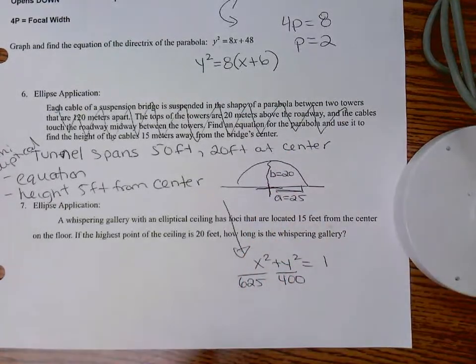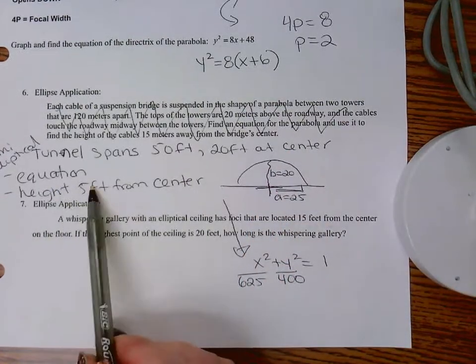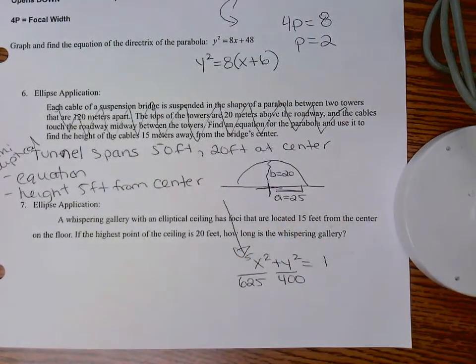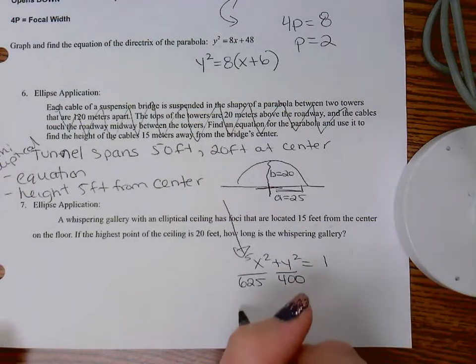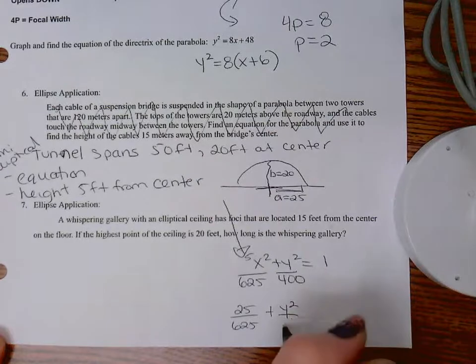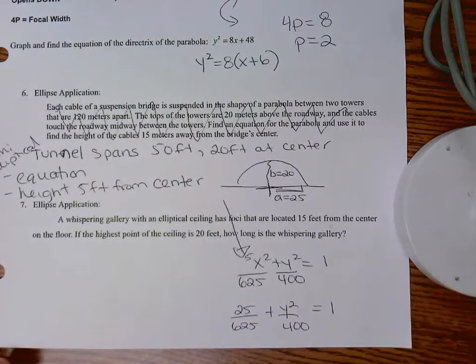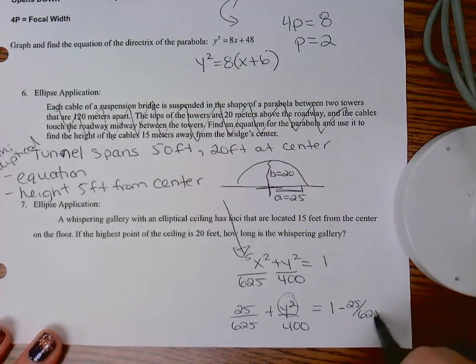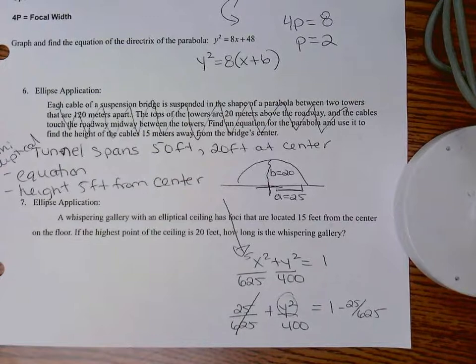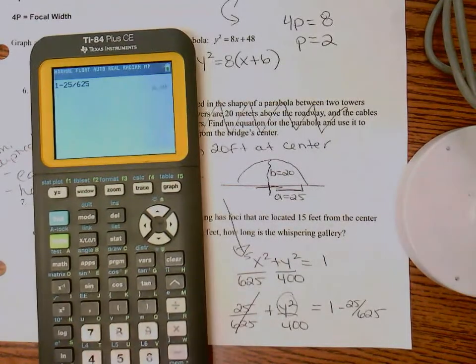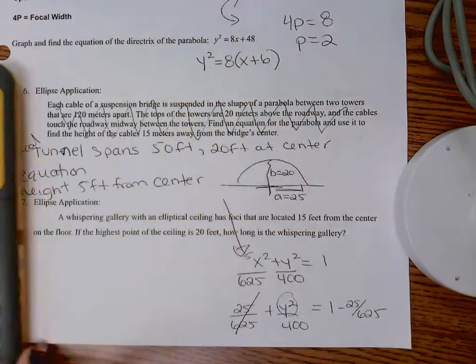So once I have my equation, to find the height 5 feet from the center, all I do is plug in 5 where I see x. I'm going to solve for y. So I have 25 over 625 plus y squared over 400 equals 1. How do I get y squared by itself? I'm going to take the 25 over 625, subtract it to the other side on my calculator, and I'm just going to hang on to that 0.96.